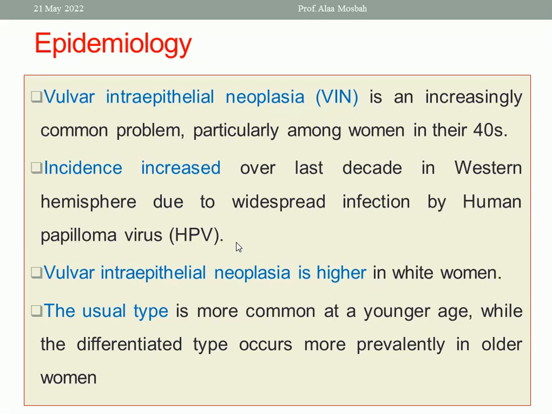This vulval intraepithelial neoplasia is an increasingly common problem, particularly among women in their 40s. Incidence has increased over the last decade in the Western Hemisphere due to widespread infection by human papillomavirus. VIN is higher in white women. The usual type is more common at younger age, while the differentiated type occurs more prevalently in older women.